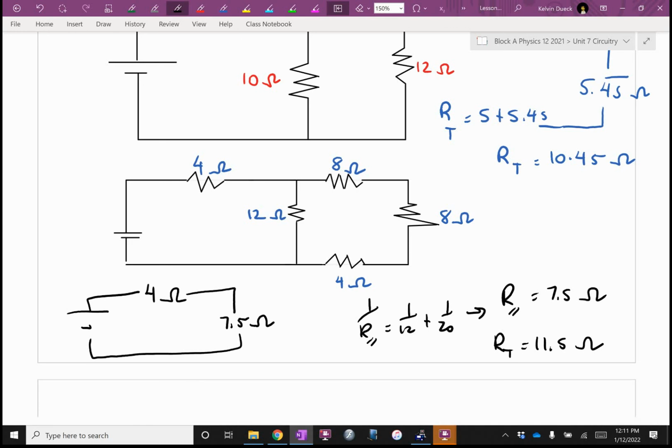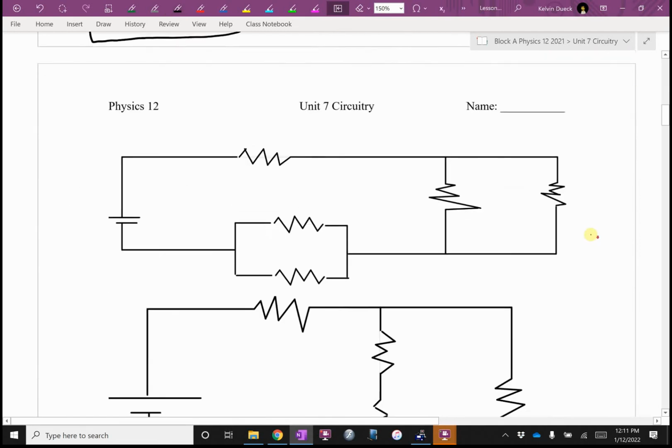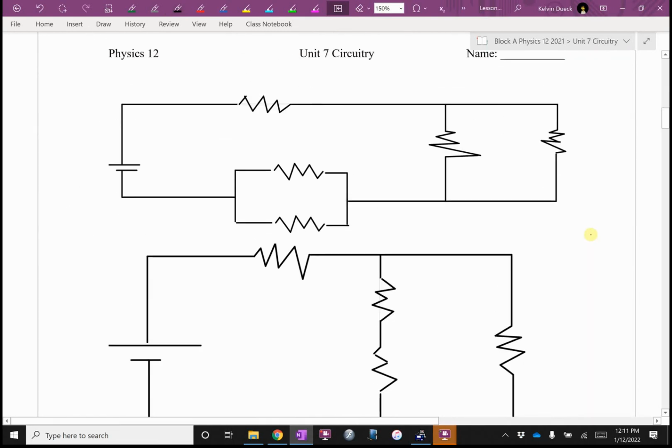Let's dive into some actual questions, okay? Ooh, by the way, what about this one? First of all, if I call this R1, R2, R3, R4, and R5, can you tell me a pair of parallel resistors?